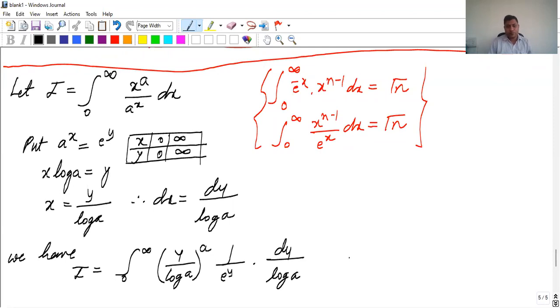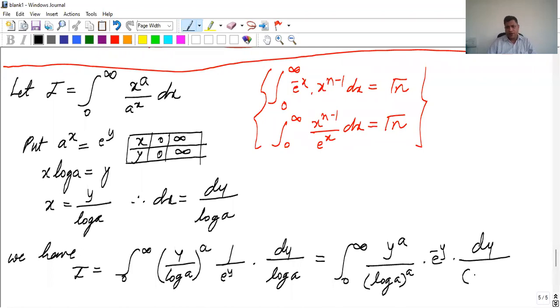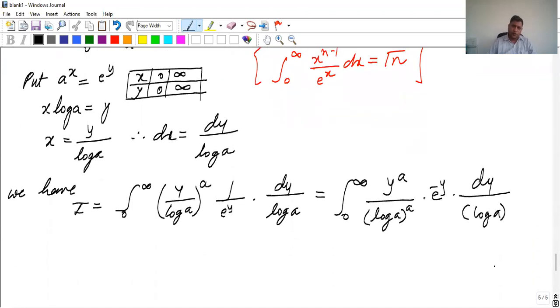Is that okay? We have replaced the x term, we have replaced a raised to x, and we got dx. So we can write this as integral 0 to infinity y raised to a over log a raised to a, e raised to minus y dy upon log of a. Is that okay?